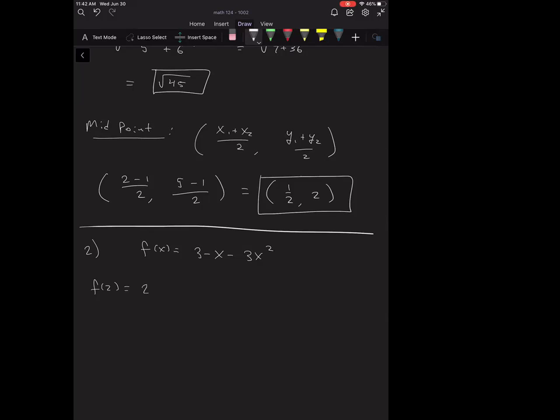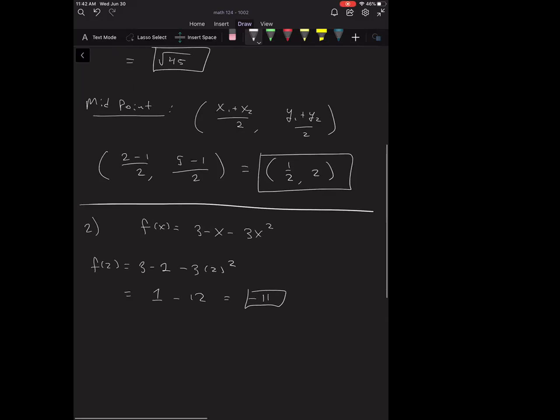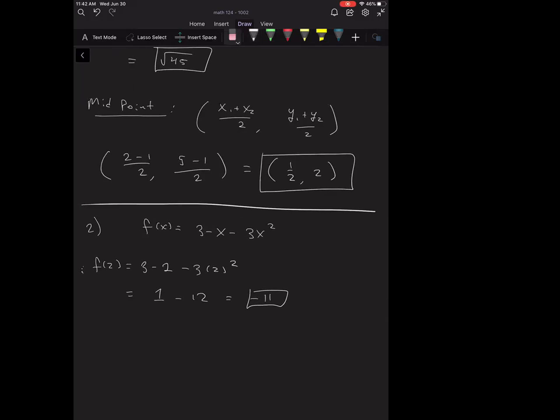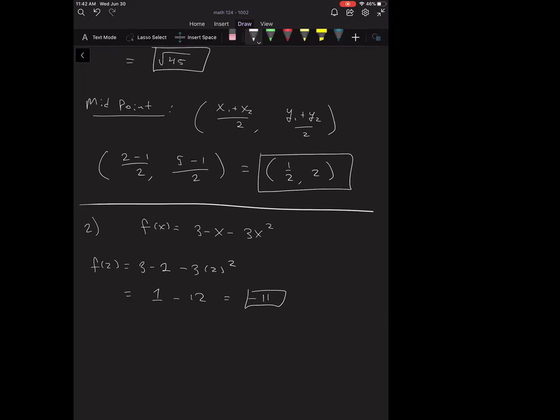So we're going to have 3 minus 2 minus 3 times 2 squared. So 3 minus 2 is 1. Minus 3 times 4, so minus 12, which is going to be minus 11. And this was part a.